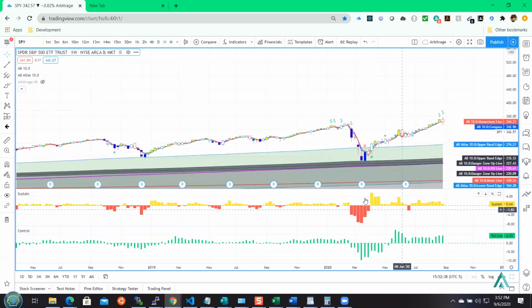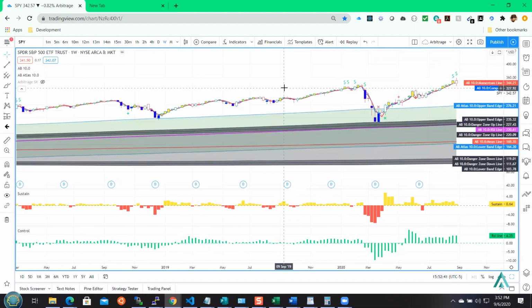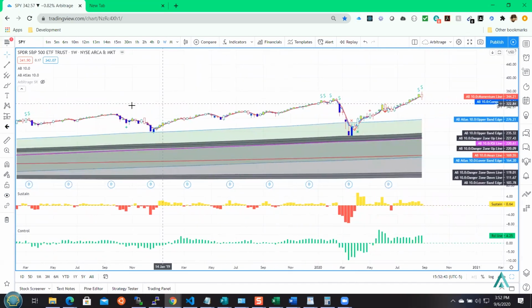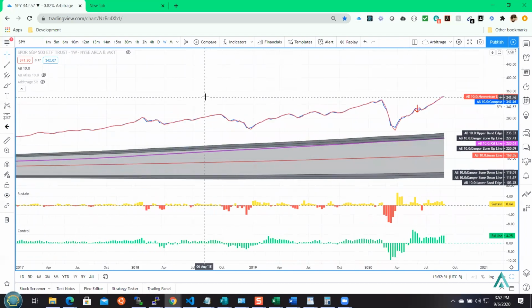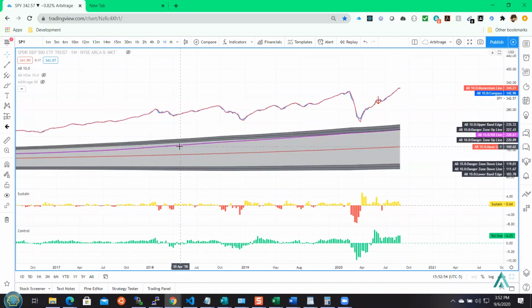So control basically lets me see when something like this happens. So let me turn off some stuff to show you what I'm talking about. I'm going to even turn off the candles. All right. So sustain basically lets me see when this pink line gets into the danger zone, will it stay there?